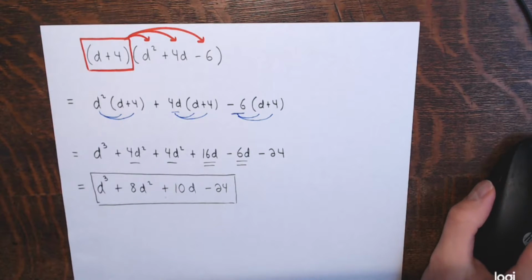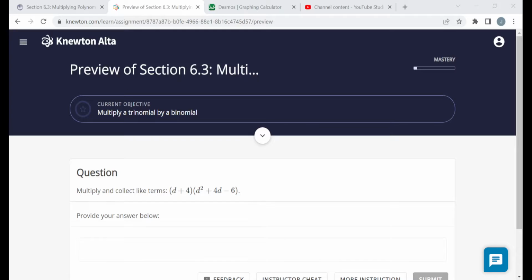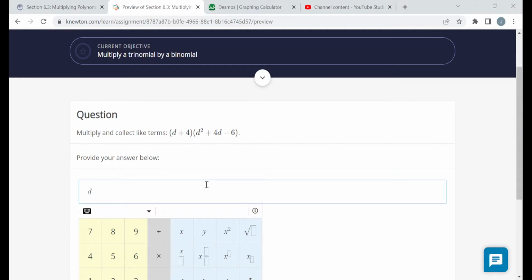But again, lots of distribution when you multiply polynomials. You just keep using the distributive property until you get a sum of monomials at the end, and then combine like terms. Alright, so the product of these two is d to the third plus 8d squared plus 10d minus 24.